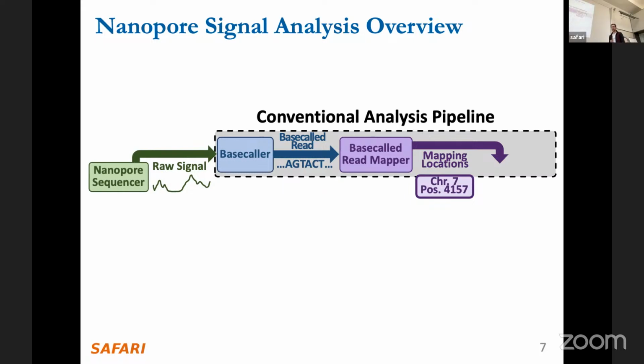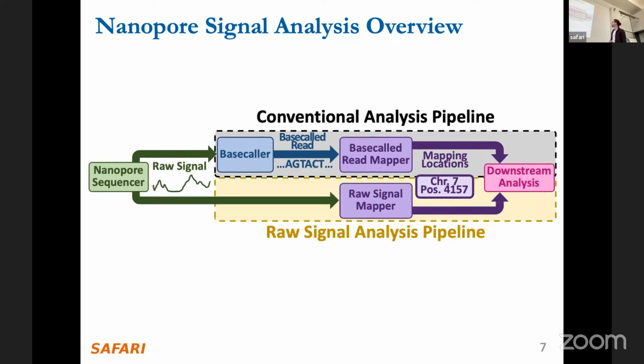For this work, this conventional analysis pipeline actually has special relevance, because it's really parallel to this raw signal analysis. Hopefully, at the fundamental level, it doesn't work much differently. Yes, the data type gets changed by the base caller, but conceptually they do the same job, these base-call read mappers and these raw signal read mappers. So hopefully we can draw some inspiration from the base-call read mappers.